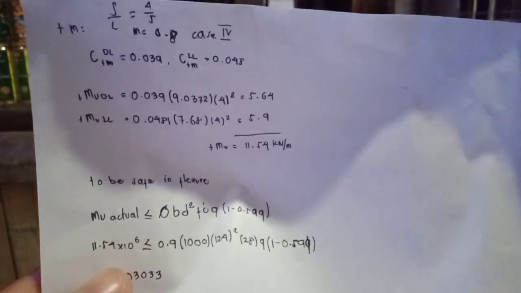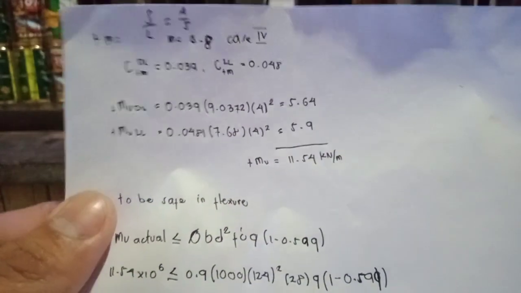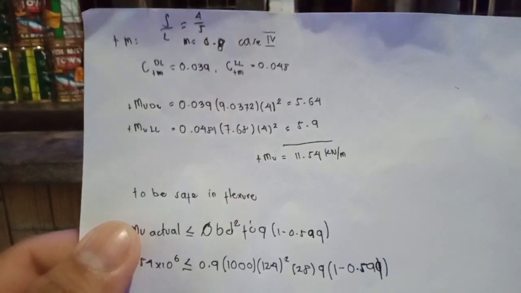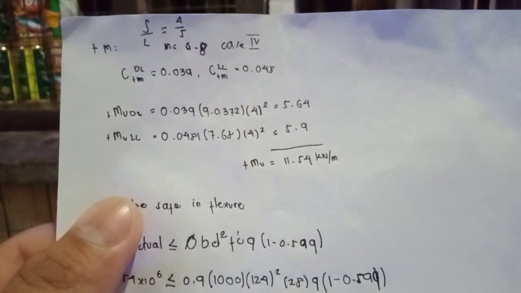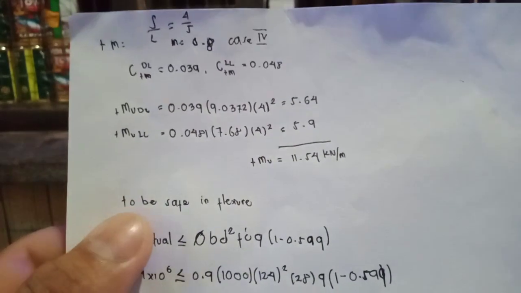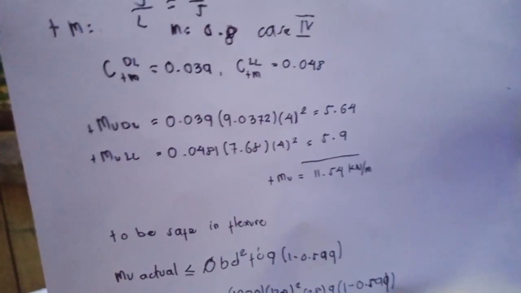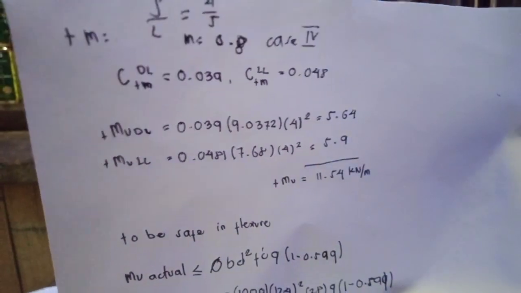Okay, so we can substitute. Mu of dead load is equal to 0.039 times W dead load, 9.0372.